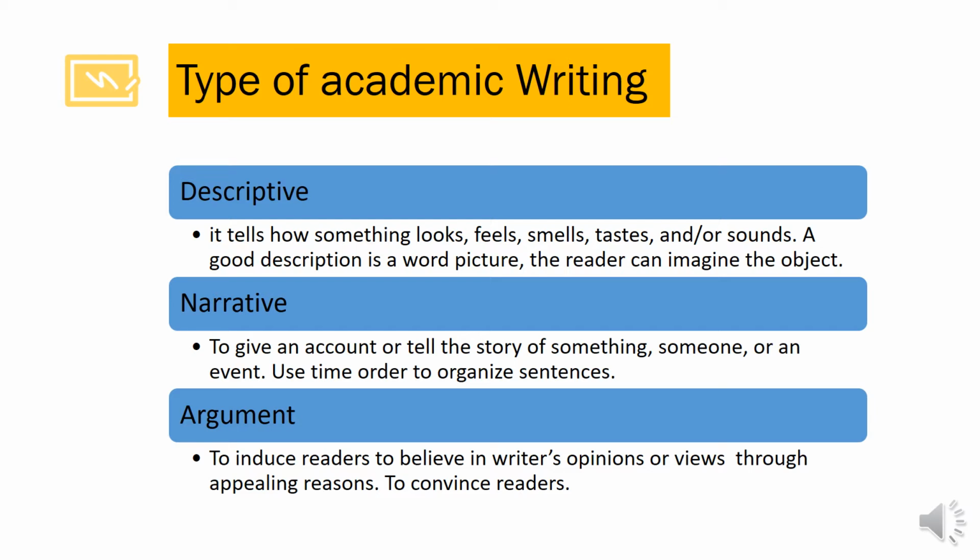Or you can use explain process. That is a structure that is great for outlining a series of steps to follow. And then you can select definitions if you want to make sure your audience understands what something is, using illustrations, meaning clarifying misconceptions.